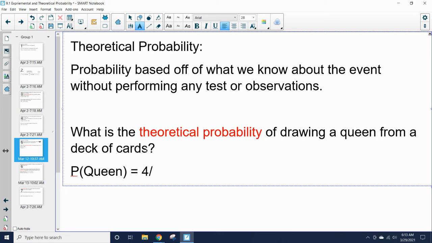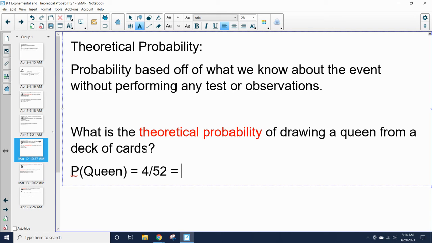Well, how many total outcomes are there? How many total cards are there in a deck of cards? Well, there's 52. There's an ace through king of all 4 suits, which gives us 52 total cards. So 4 out of 52 is going to be our probability.